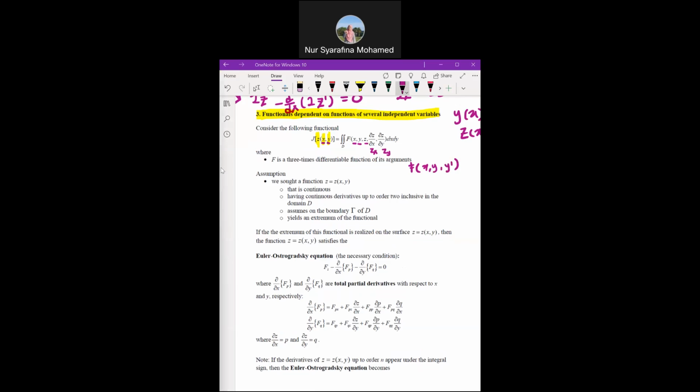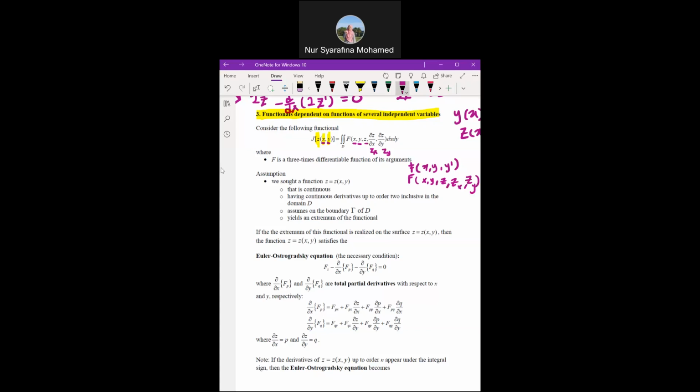Now we have a functional of z, x, and y. So the variables are x, y, and z here consists of the function z itself, and the first derivative of z with respect to x and the first derivative of z with respect to y.